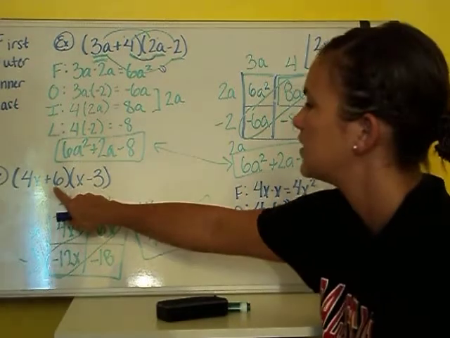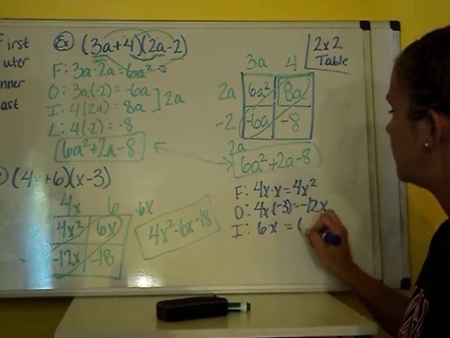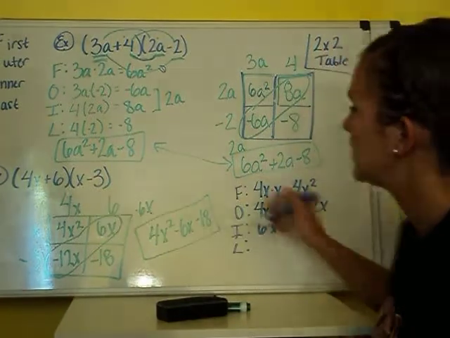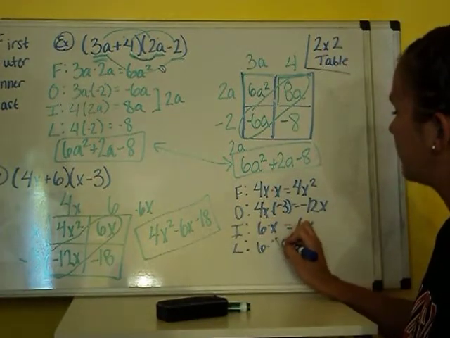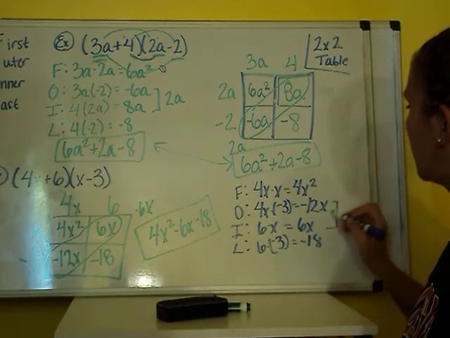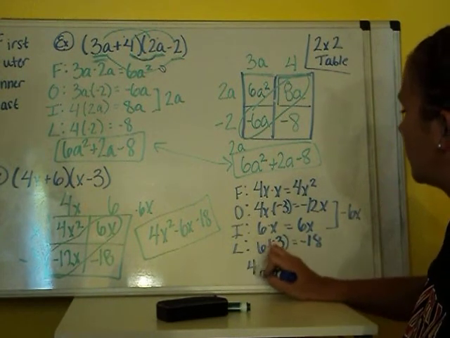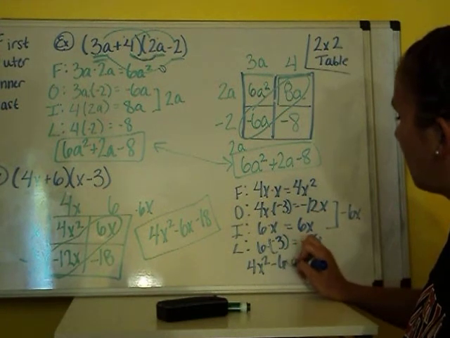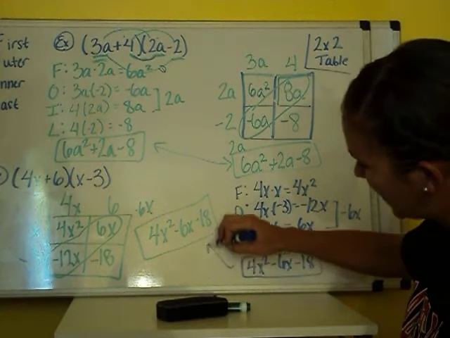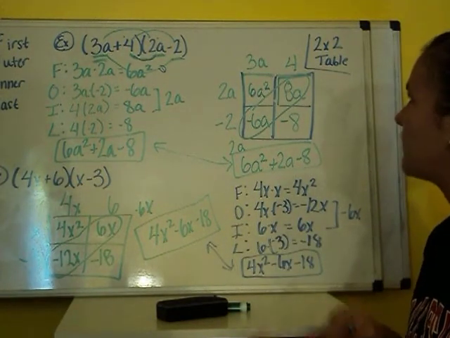Inner, 6 times x, which gives you 6x. And last, 6 times negative 3, which gives you negative 18. Combine these two, you get negative 6x. So your answer, 4x squared minus 6x minus 18. Which, hey, same thing there. Okay? Either way.